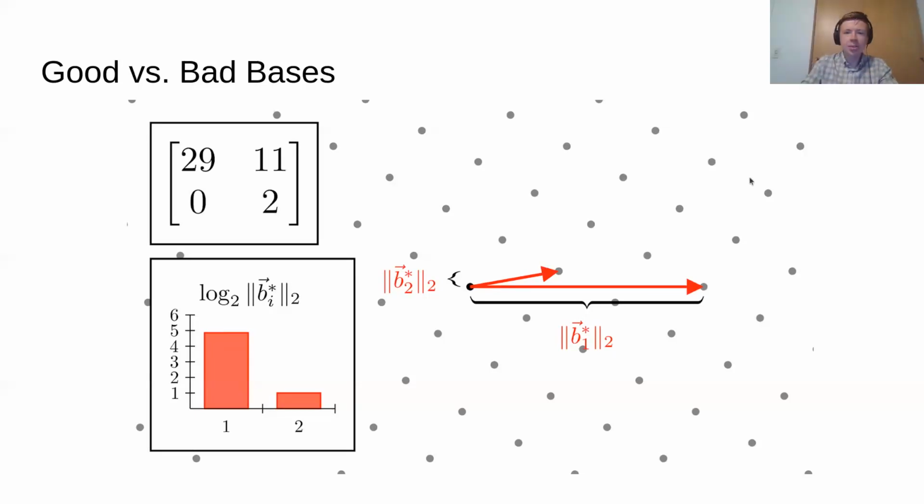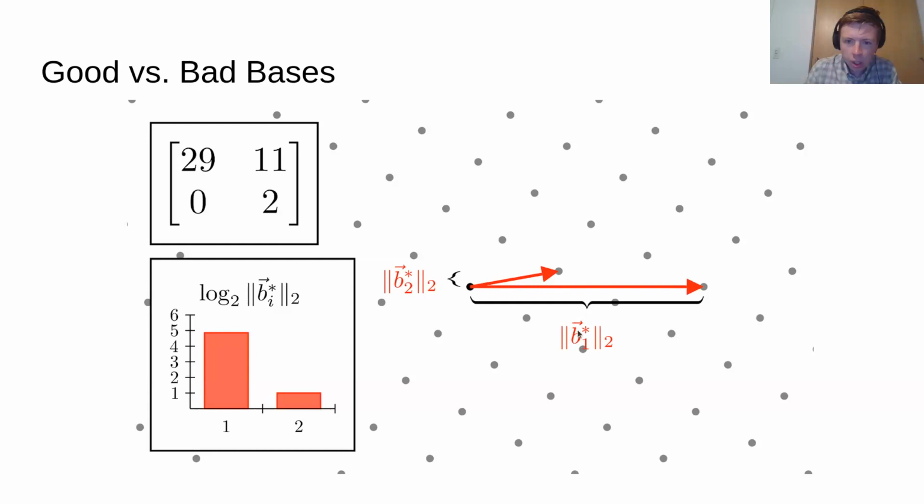So to explain this image again, we have this process of Gram-Schmidt orthogonalization that looks at the different orthogonal components of this basis. We have B1 on the horizontal axis here, and we have B2 on the vertical axis, where we're looking at the component on the vertical axis.